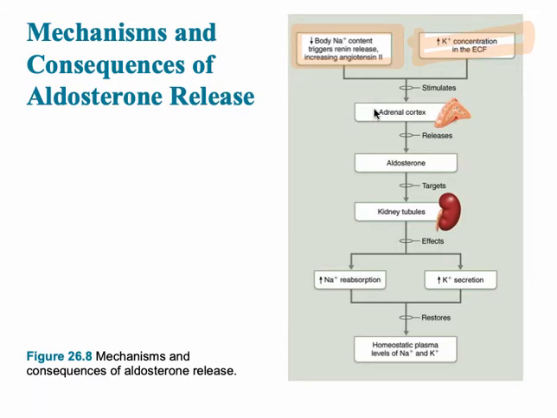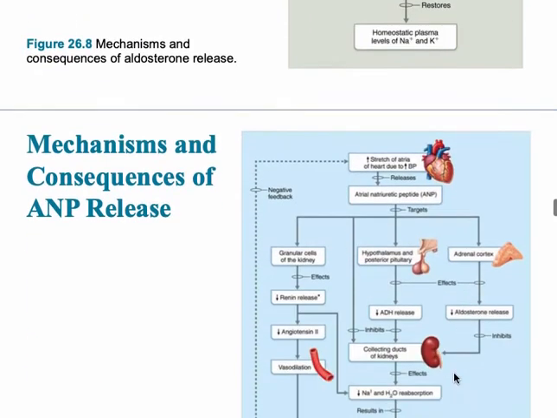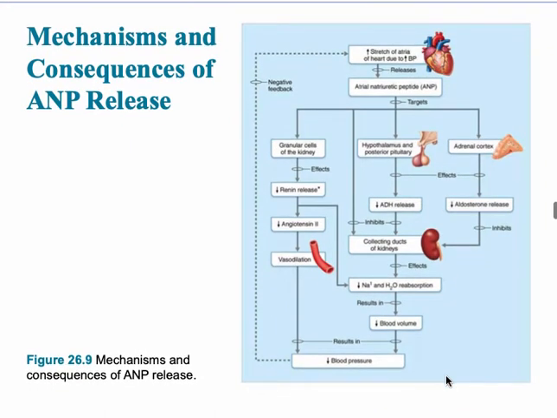So in both cases, it stimulates the adrenal cortex to release aldosterone, which we know works on the kidney tubules, thus increasing sodium reabsorption and potassium secretion. So we get rid of potassium, reversing the high potassium that was in the extracellular fluid, returning us to homeostasis. So another hormone that plays a role with sodium specifically is atrial natriuretic peptide.